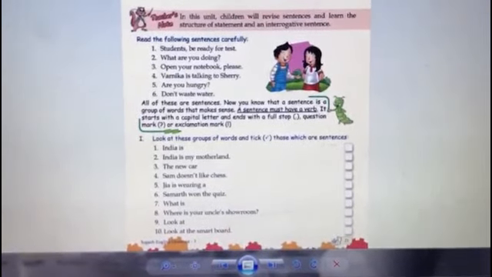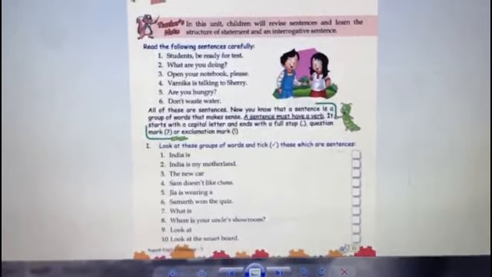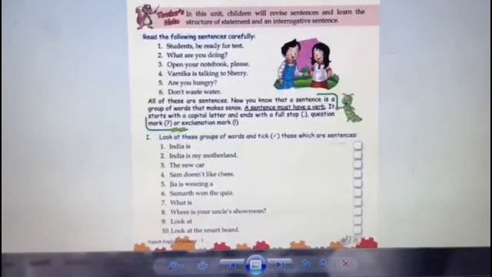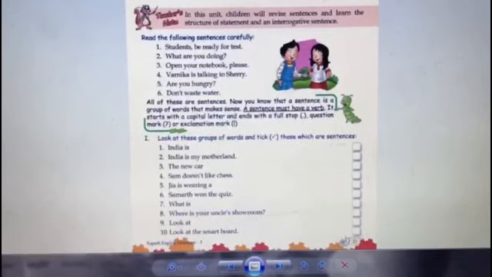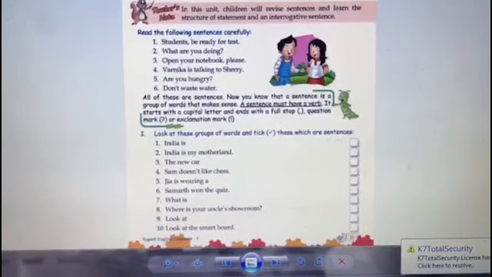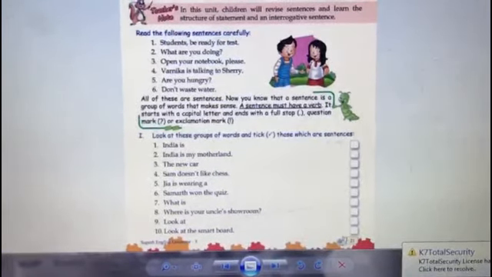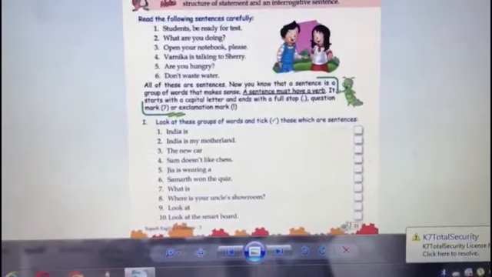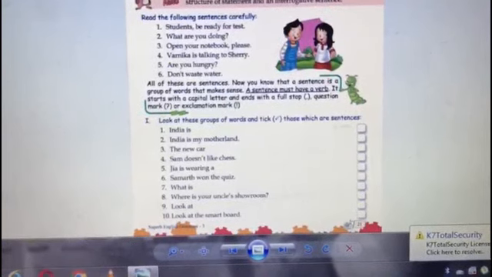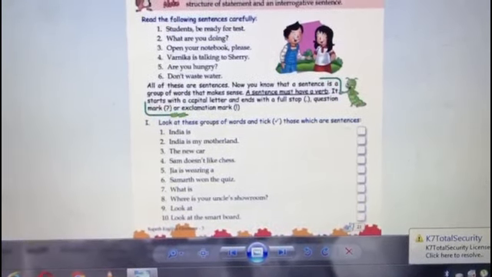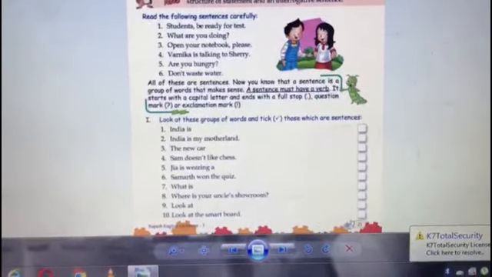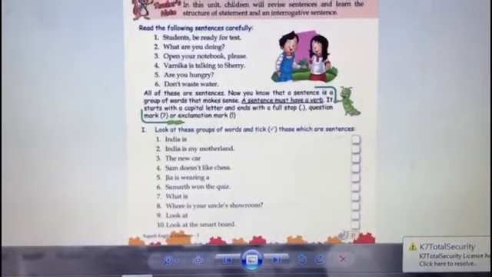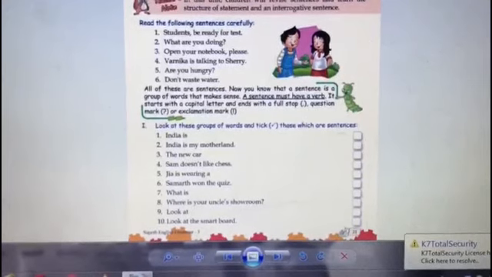Look at these group of sentences and tick those which are sentences. Okay, now children, this is a task for you. This is question 1 on page 21. Now you know what is a sentence and what should be there in a sentence. So you have to do these 1 to 10 sentences and you have to tick which is a sentence and which is not.